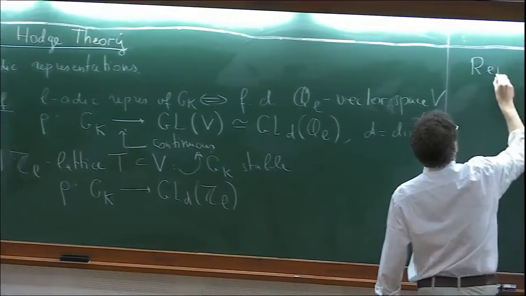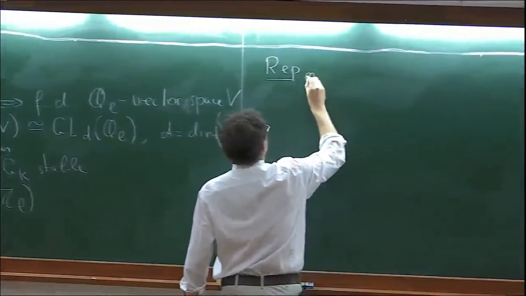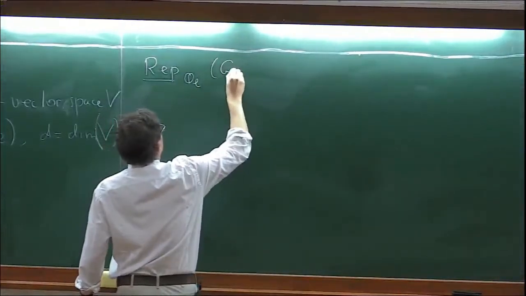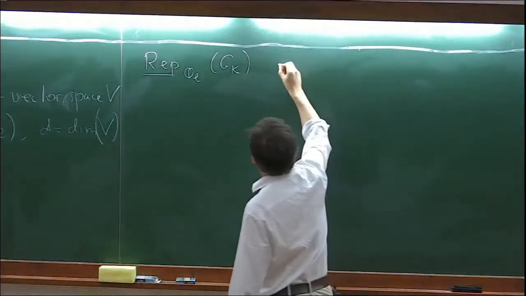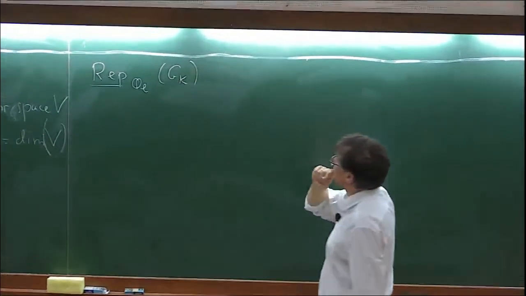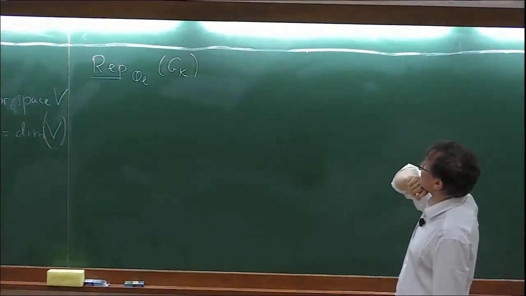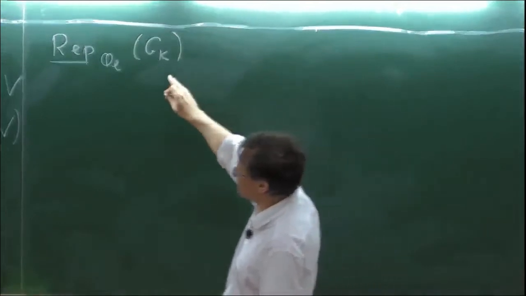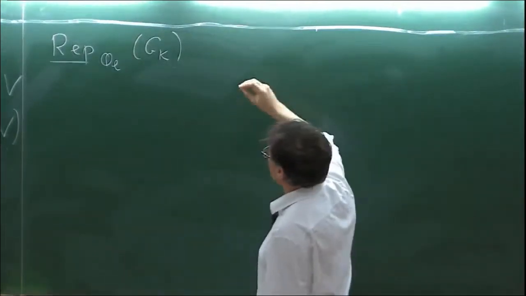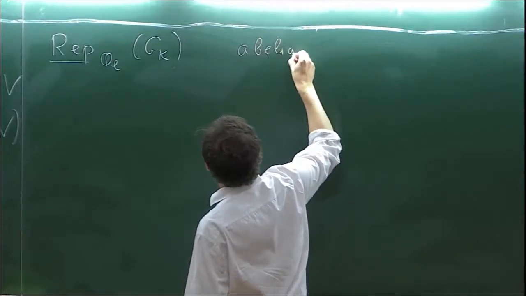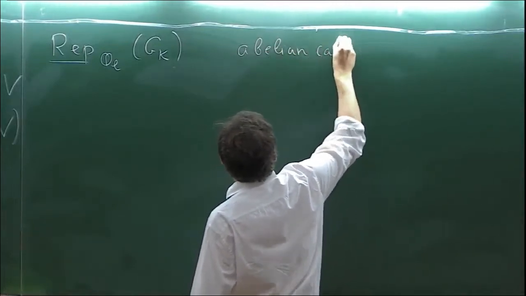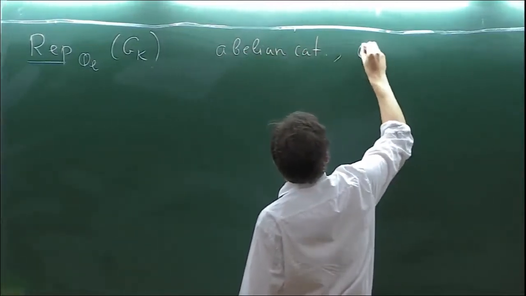Let us denote by Rep G_K the category of Q_l representations, l-adic representations of G_K. And this is an abelian category. This is a tensor category.